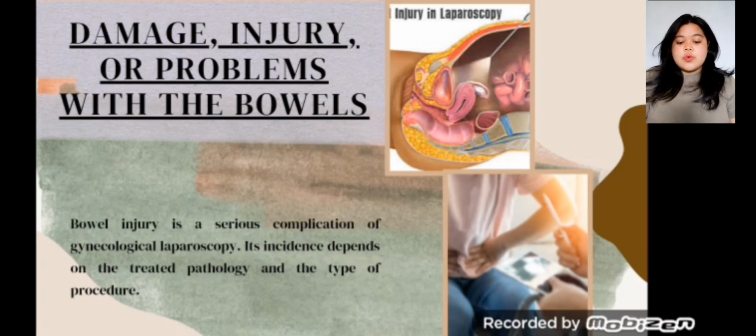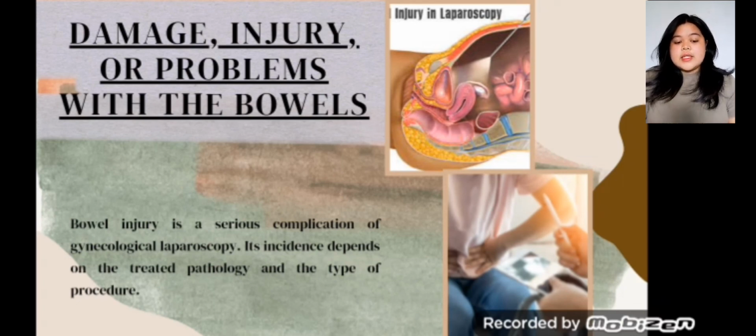If the material inside the intestine leaks out into the abdomen, it can cause a serious and possibly life-threatening infection. Some intestinal injuries do not cause symptoms right away, but may develop after many hours or even days.